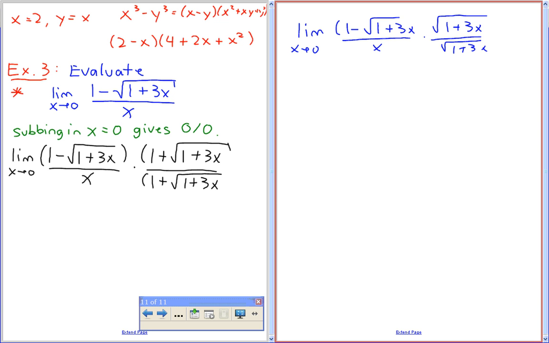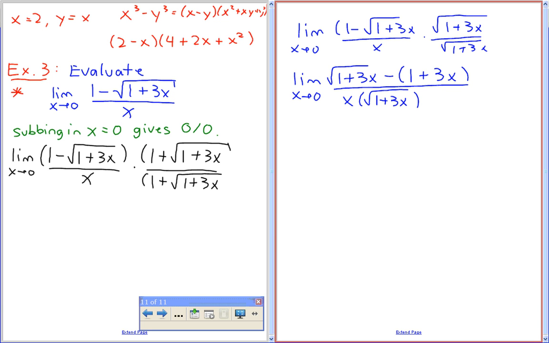Well, just try it. Let's just try it. Okay, so let's see what happens. So if this works, I've just wasted so much time in your life here, okay? That turns into the root of 1 plus 3x minus 1 plus 3x all over x times the root of 1 plus 3x. Now the problem is what?